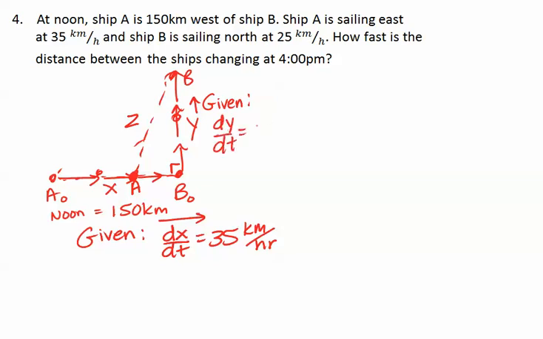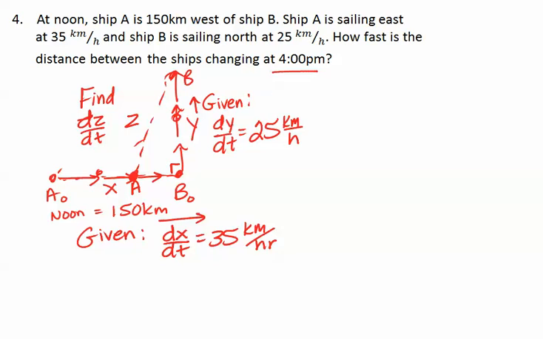And it's moving in the positive direction, 25 kilometers per hour. And dz dt, how fast is the distance between the ships changing? So we are looking to find a dz dt. And our specific case is at 4 o'clock, but don't worry about the specific case yet. First, we need to come up with a general model.